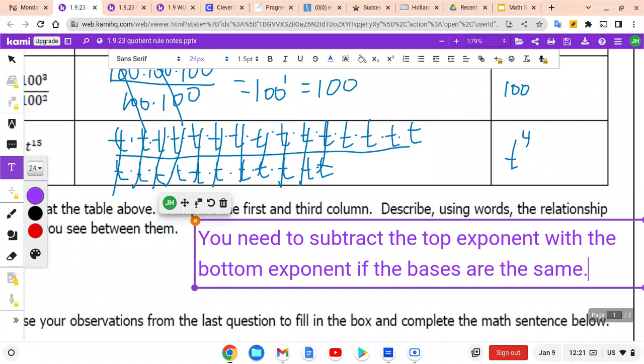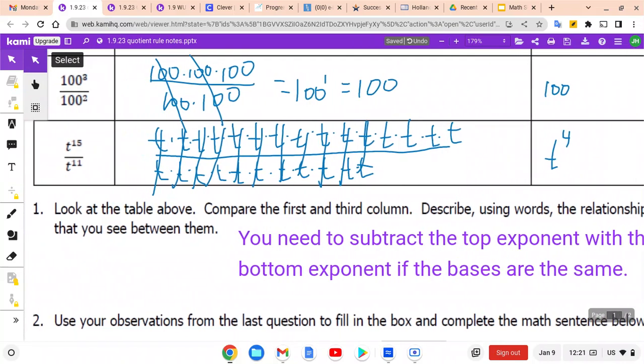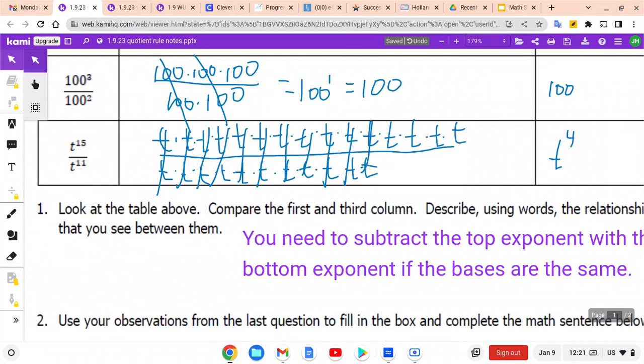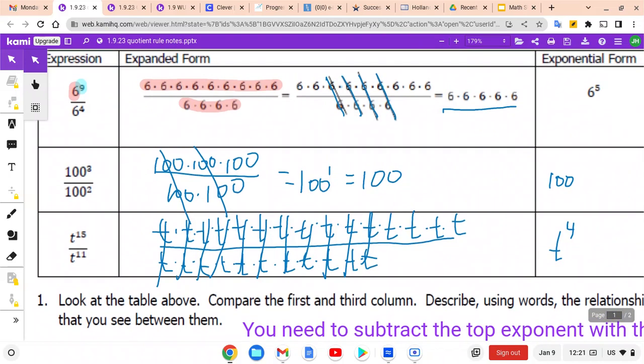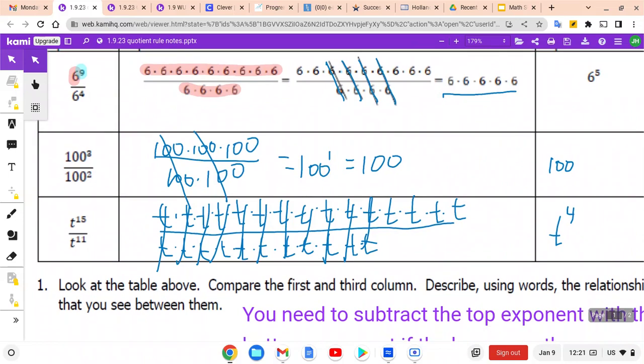And we noticed here, you always go top to bottom. So 15 minus 11 is 4, 3 minus 2 is 1, and 9 minus 4 is 5. And the bases were the same on those.